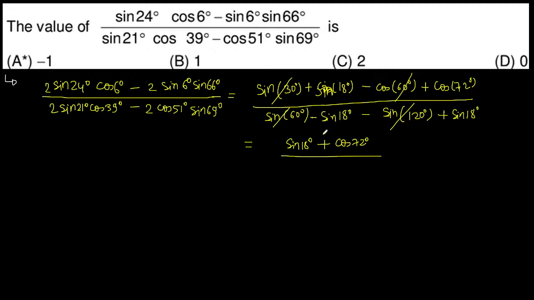We are getting minus sin 18, minus sin 18. So this is also sin 18. 2 sin 18 degree upon minus 2 sin 18 degree. This is minus 1. So we got option 1.